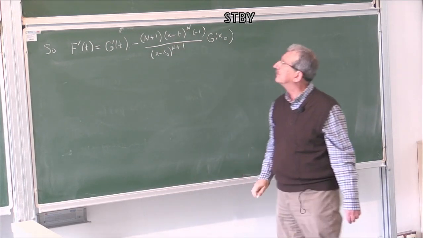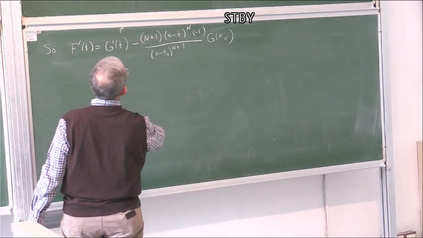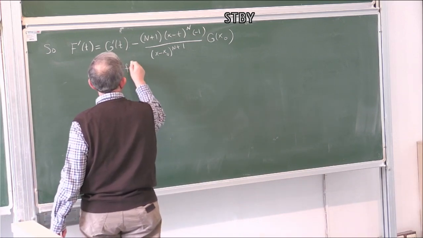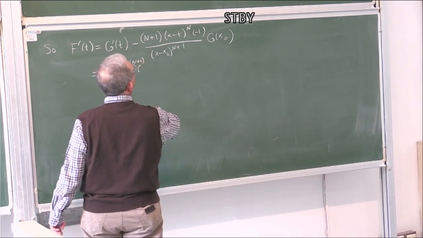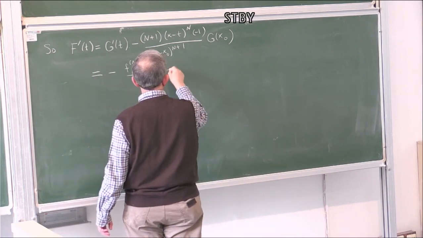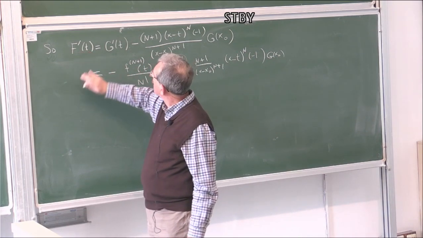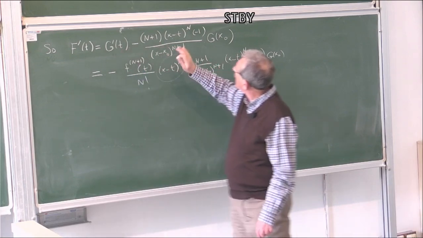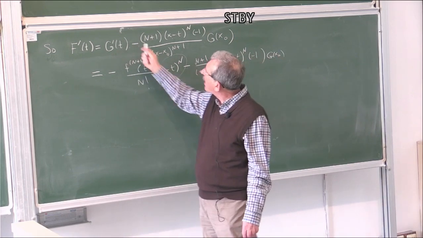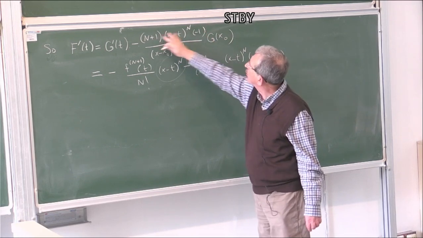So we only differentiated this term. But g prime t was then from there the negative of f of n plus 1 at t divided by n factorial times (x minus t) to the n. Now, when we calculate the derivative of f, because f was g of t minus a polynomial, when we differentiate these, we have g prime t minus the derivative of (x minus t) to the n plus 1, which is, of course, this term.